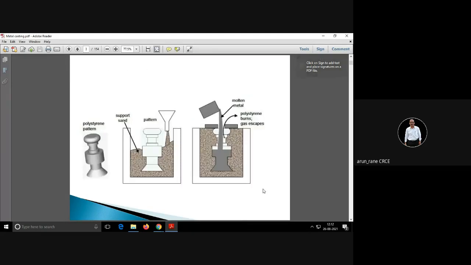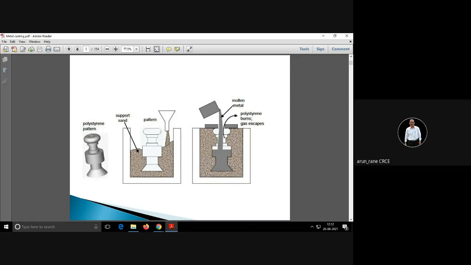Let's say now suppose I want to make this. See, for any casting you need to have a pattern first. You have to first make a pattern. So pattern making is again another subject. And with the help of the pattern, you can produce this cavity. Now you have to remember the pattern will look exactly the same as the product.